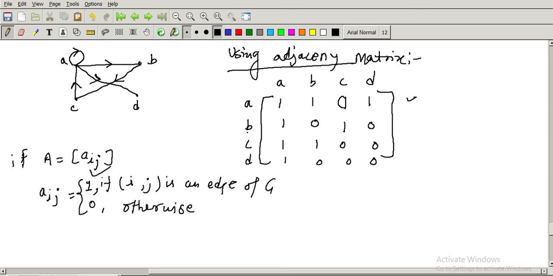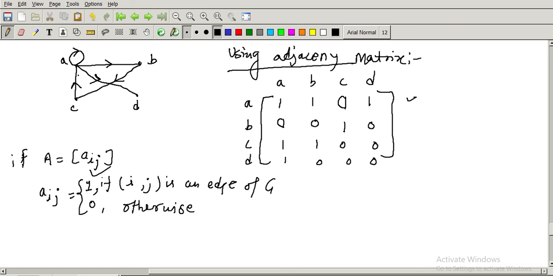Then let's represent B. For B, we have only B to C, because from B it is going out, and the other edge is inward towards B. So the outgoing edge from B is only to C, so we have only 1 there, otherwise for all the vertices we will write 0.